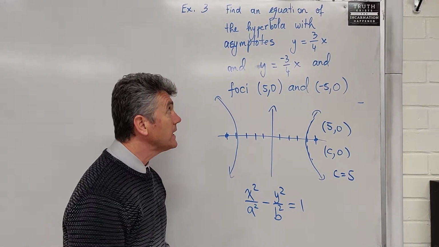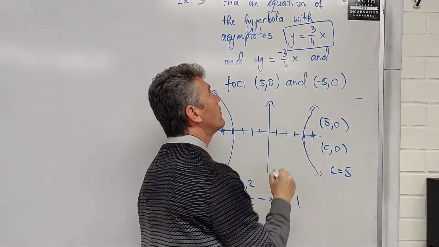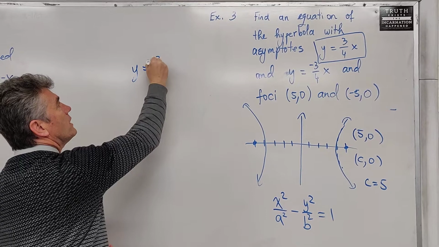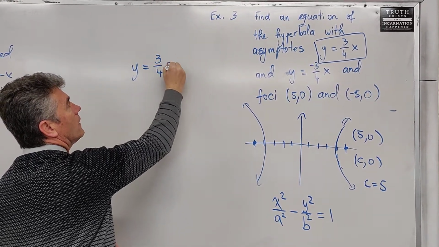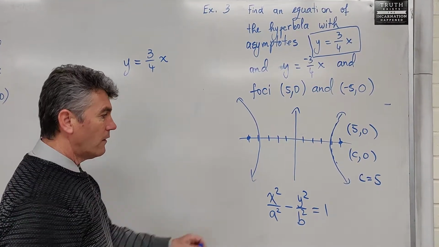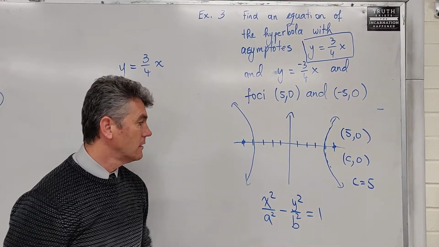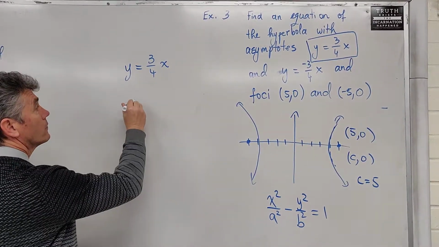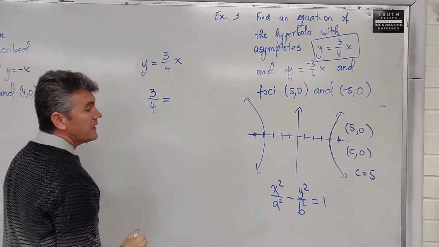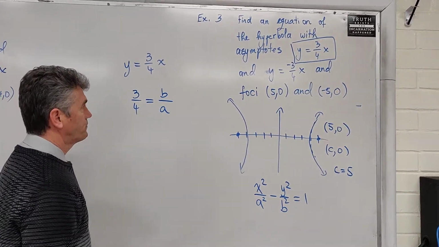Well, the clue that we need is that y is equal to 3 over 4 x. Do remember that a is the run, b is the rise. So really, 3 over 4 should be equal to b over a.